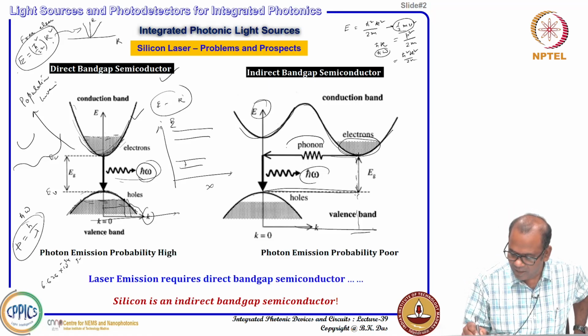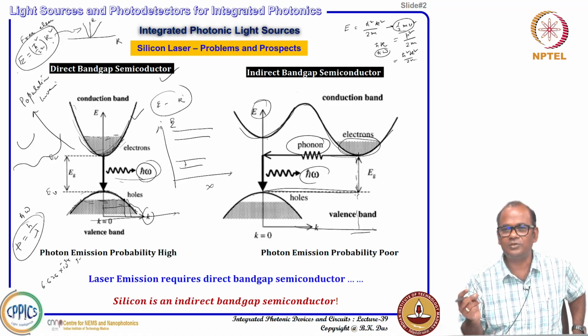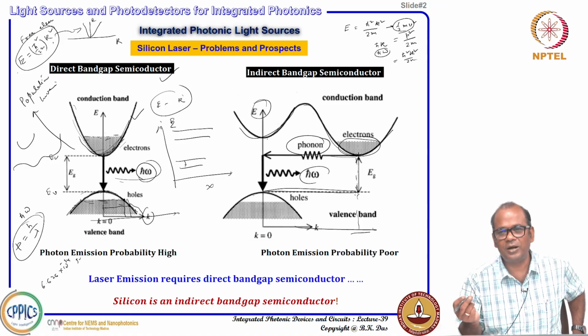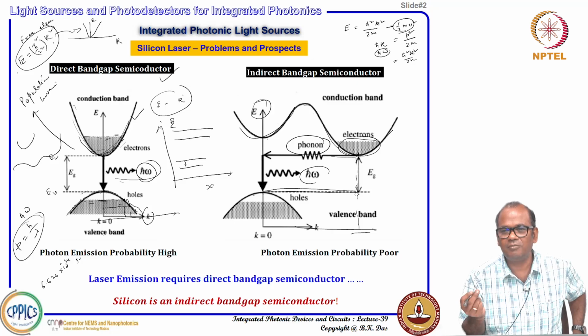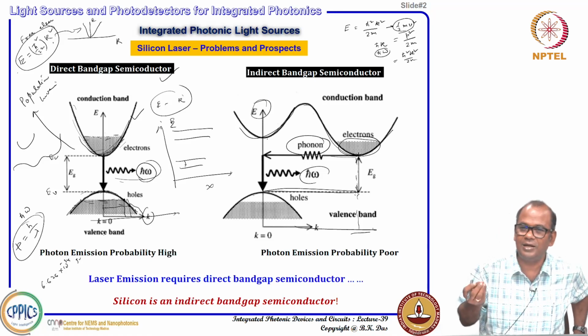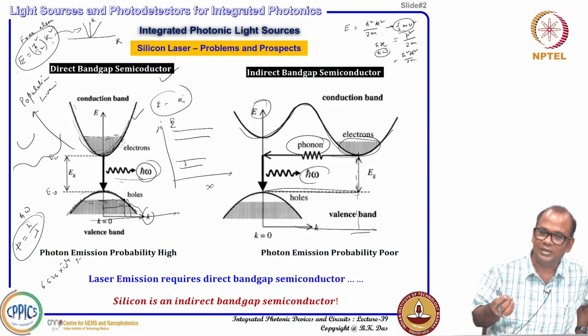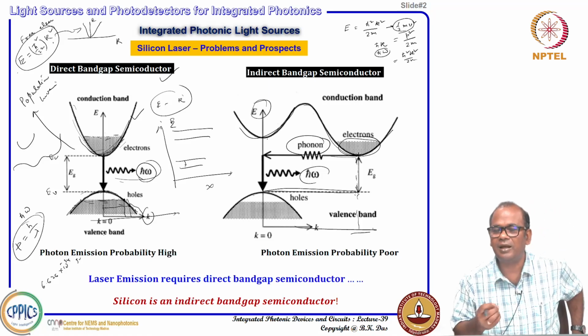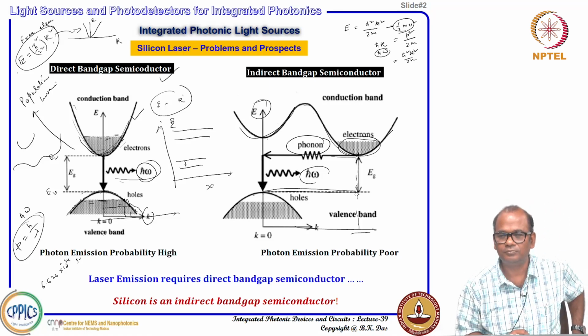It takes the help of a phonon. A phonon is another type of quantum particle, which is nothing but the lattice vibration. It can have very little energy, but it can have a very small wavelength also.